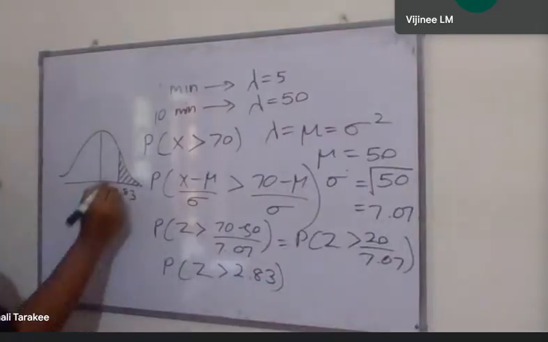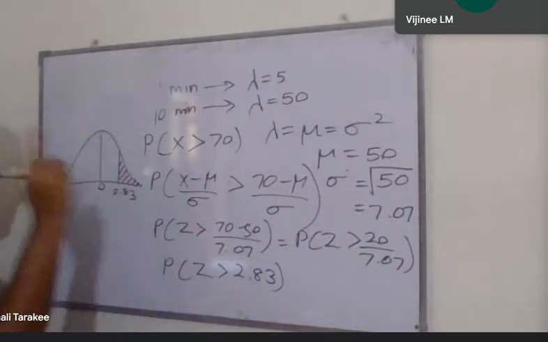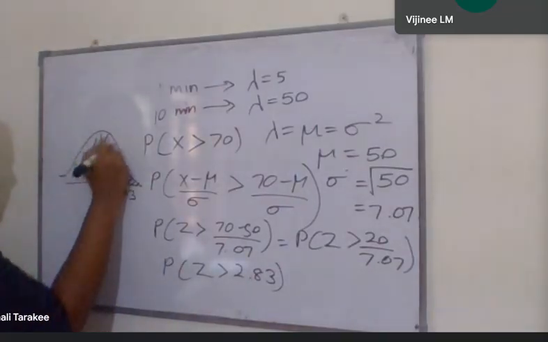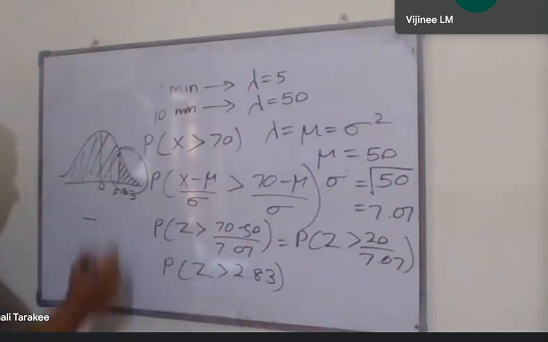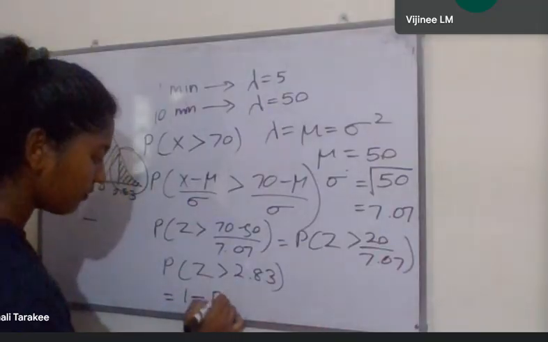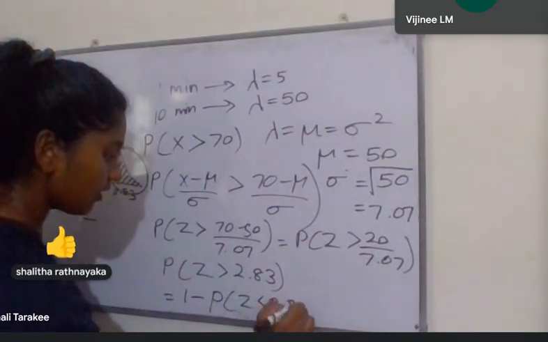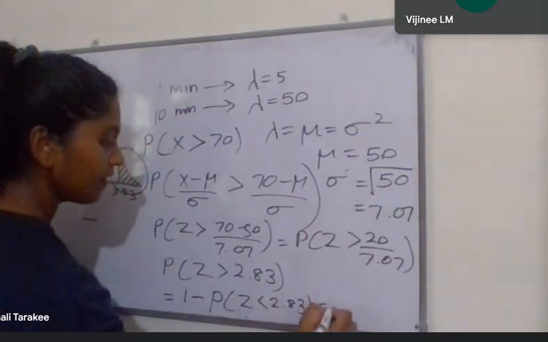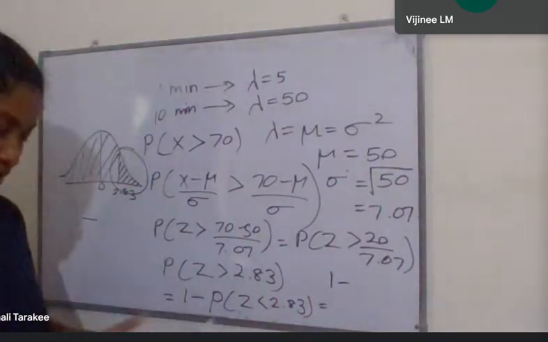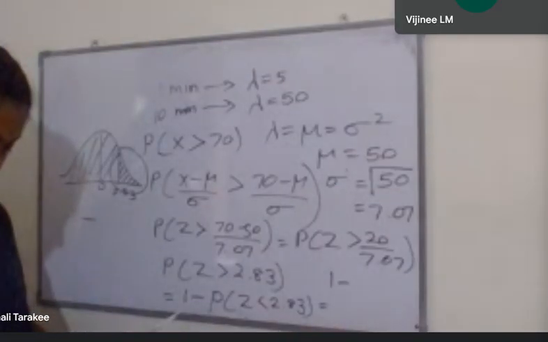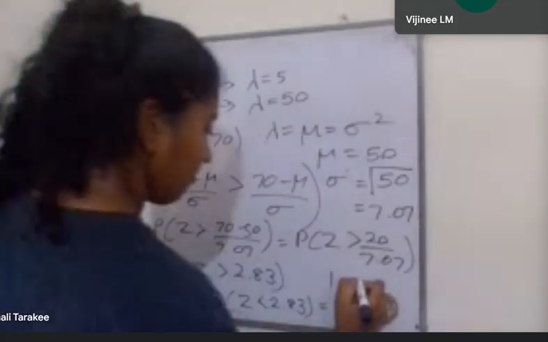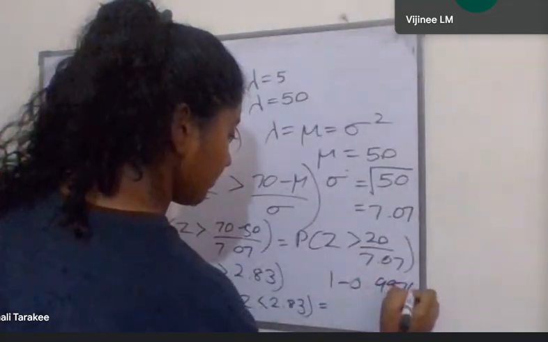So to find this part, we know the entire probability is 1. 1 minus the left side part, then we get this part. So that's the concept. So here you get 1 minus P(Z less than 2.83), which is 1 minus 0.99767.